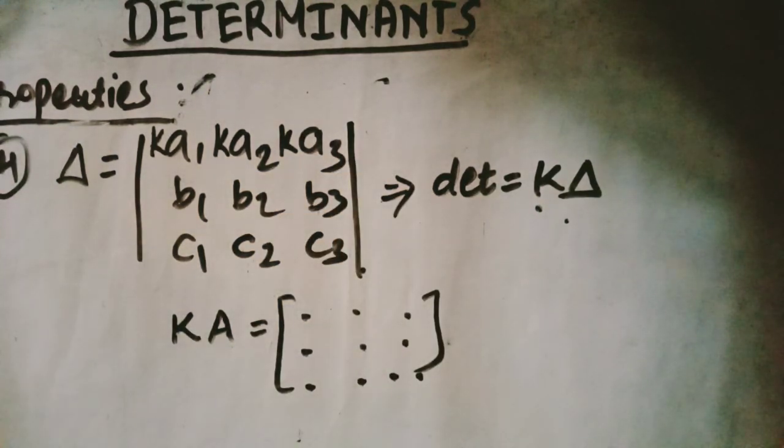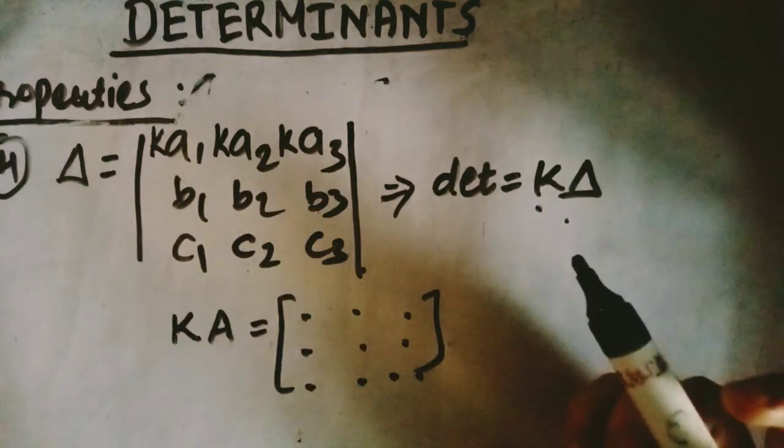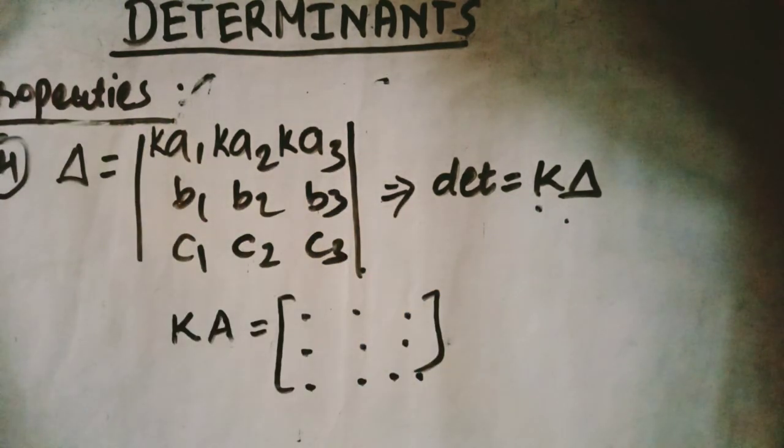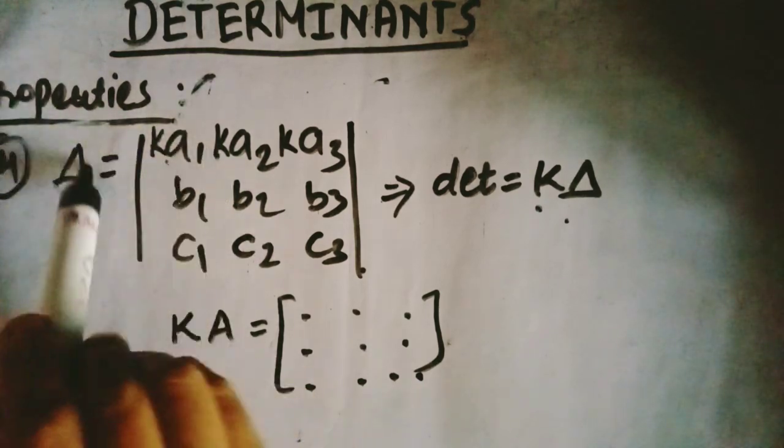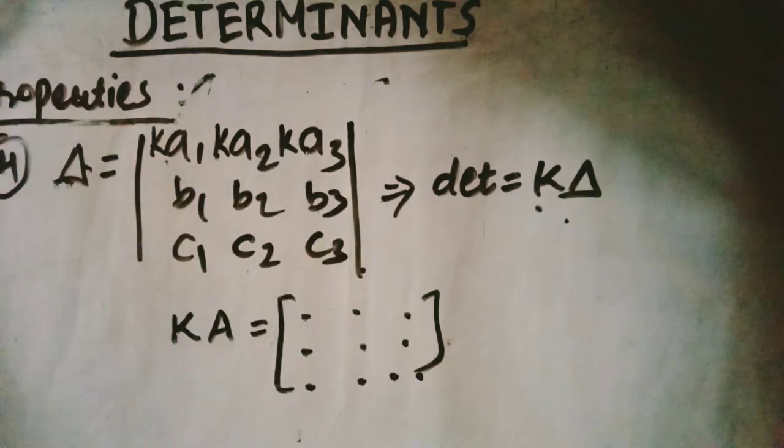By this property we can take out any common factor from any one row or any one column. It should be from any one row or any one column.